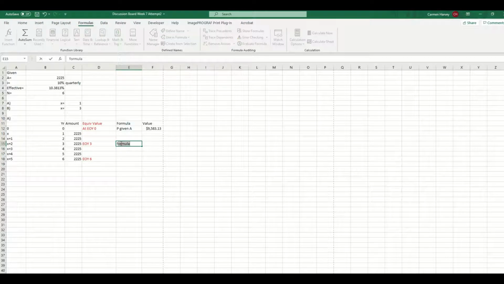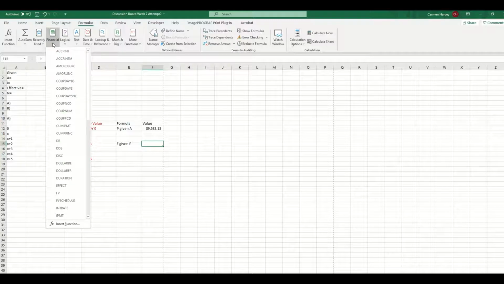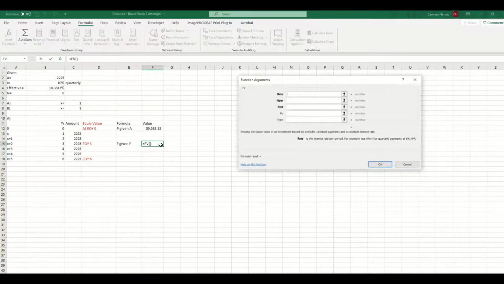So that would be F given P. We're going to look for the FV, and we know the rate. And in this situation, for the N, we are going to look for 3, because this is 3 from that value.